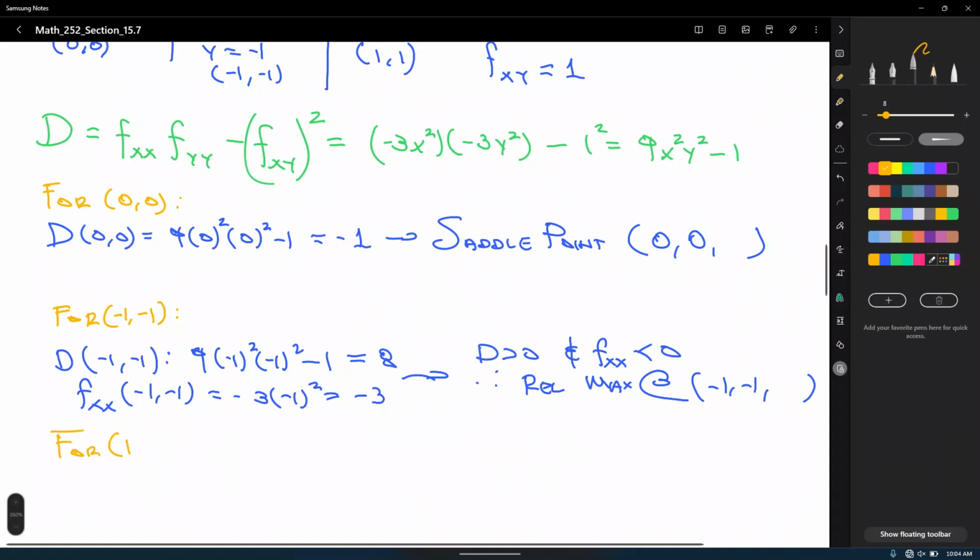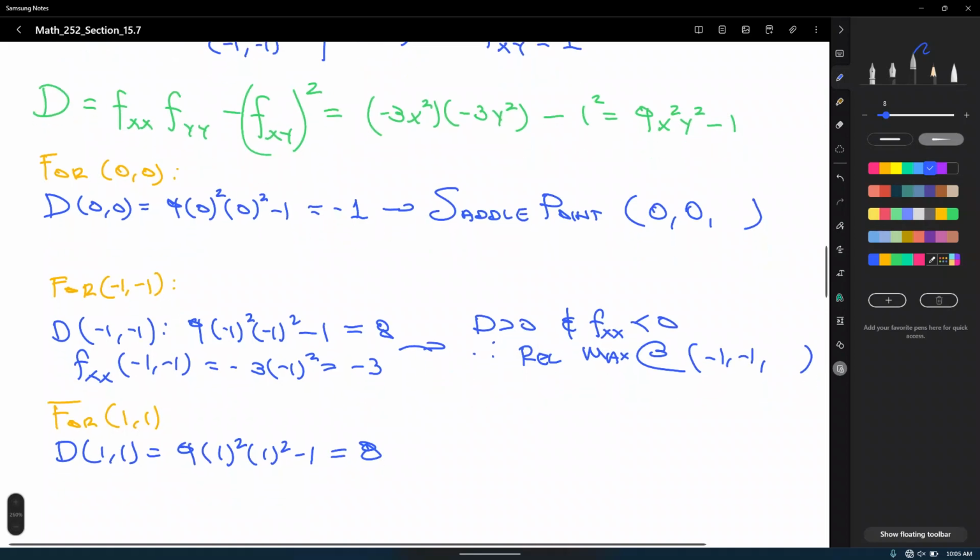For 1, 1, very similar without the minuses: 9 times 1 squared times 1 squared minus 1, which is also equal to 8. Again, I need f double x because it's a different point.